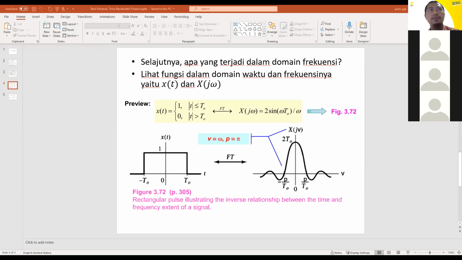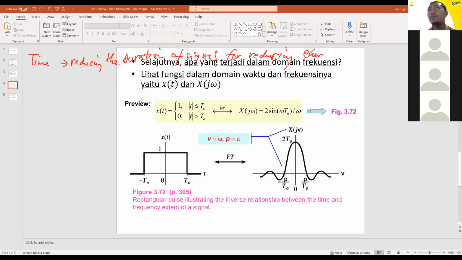So you can see the purpose in time is reducing the duration of signal for reducing energy, right?